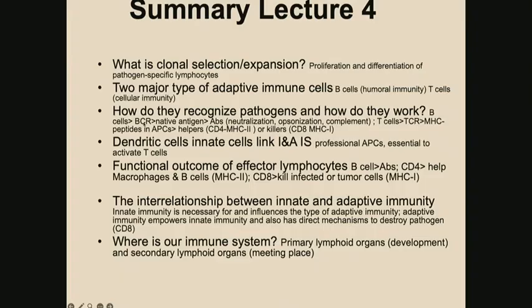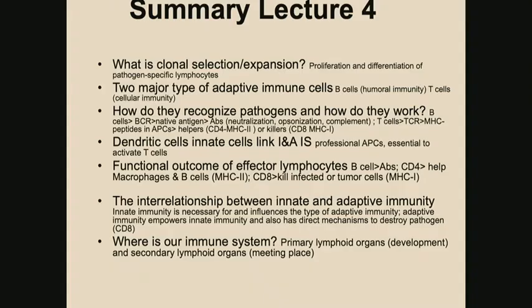The B cells recognize pathogens through the BCR, the B cell receptor, and they recognize the antigen, which is the ligand of the BCR, in its native form, right? Like the innate receptors, they recognize their ligand in its native form, without degradation or anything.